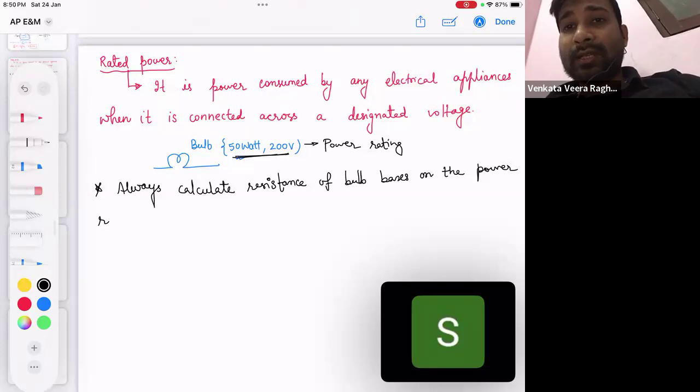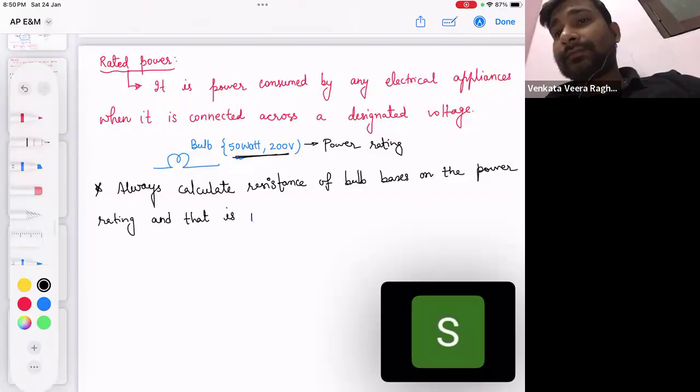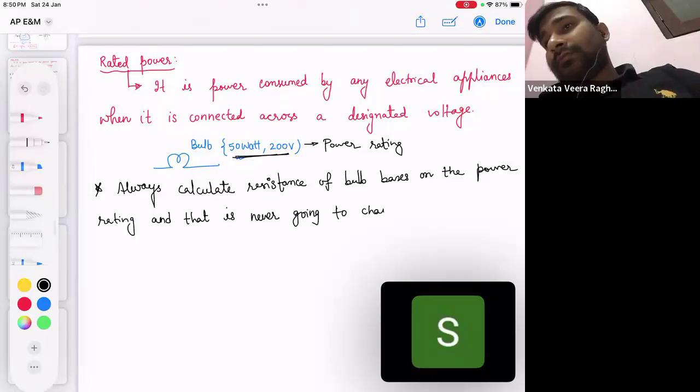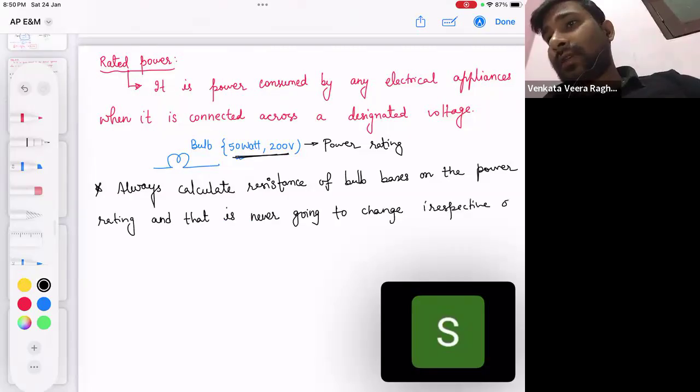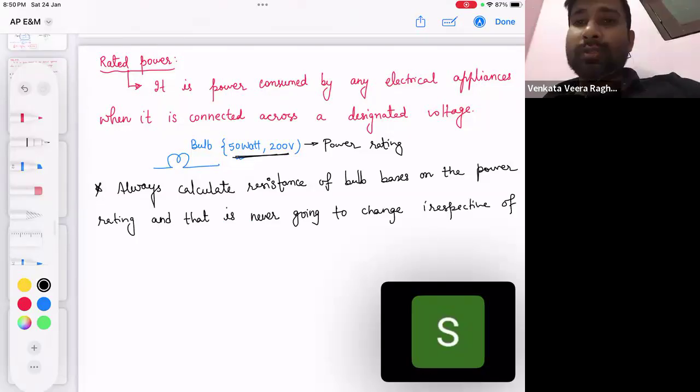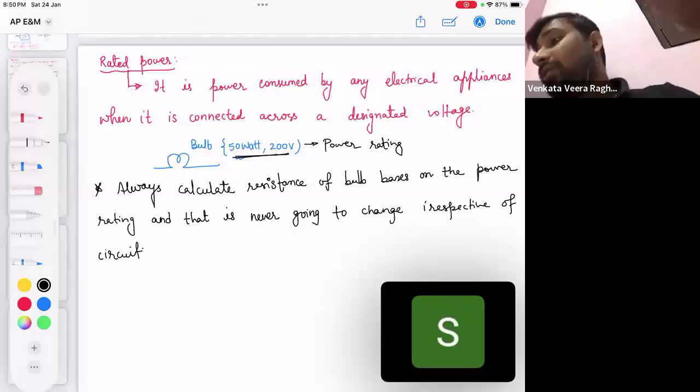And that is never going to change, irrespective of the circuit. Whatever circuit you want, you can connect it now. But the resistance of the bulb is never going to change. Understood?